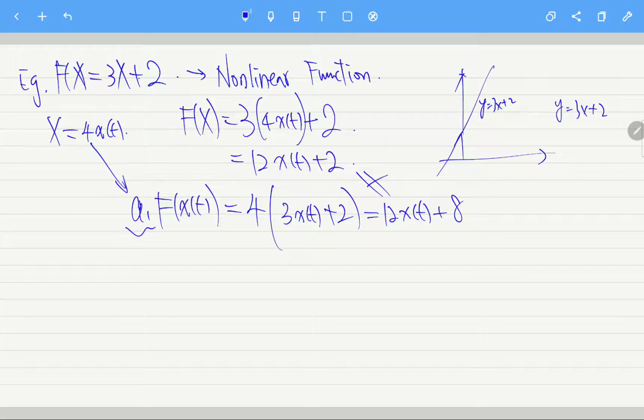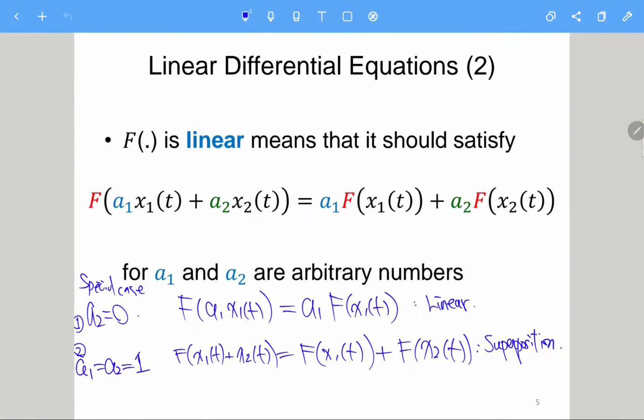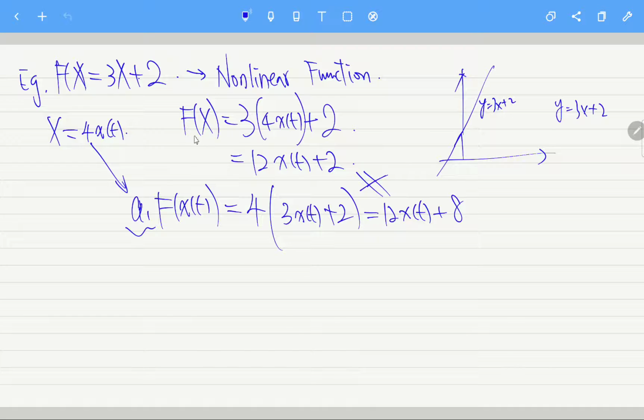And even for the superposition, it will not satisfy both of these two equations. You cannot satisfy both of the conditions. So it's a nonlinear function. And maybe I can also give another one, which is f of x equals x squared.